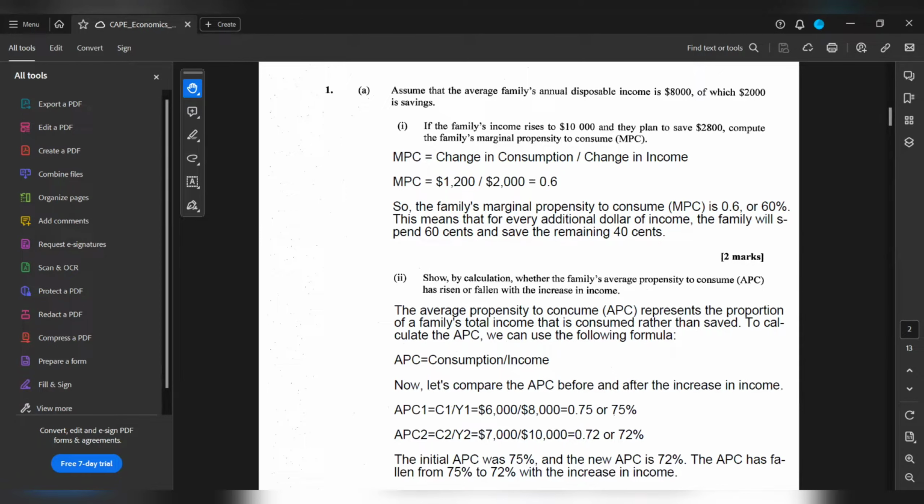APC1 is equal to C1 divided by Y1, which is 6,000 divided by 8,000, giving us 0.75 or 75%. APC2 will give us 7,000 divided by 10,000, which is equal to 0.72 or 72%.